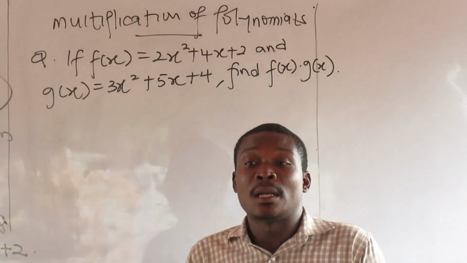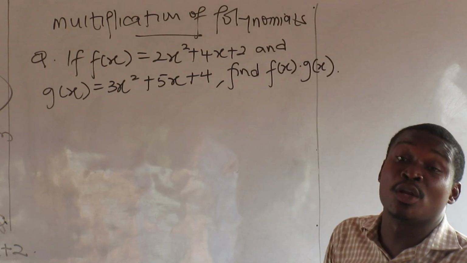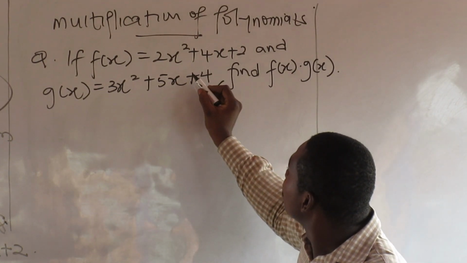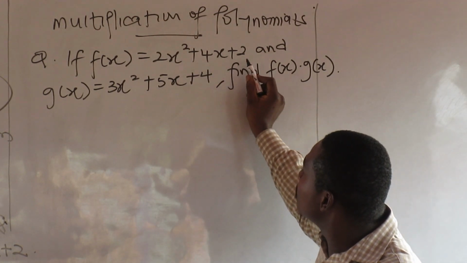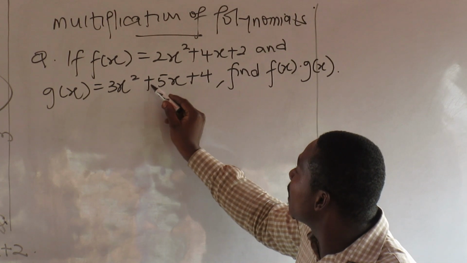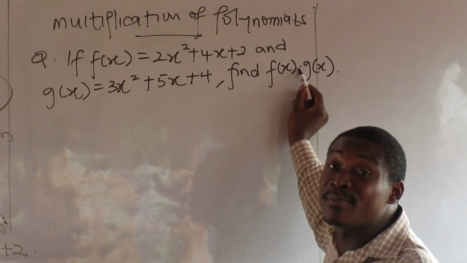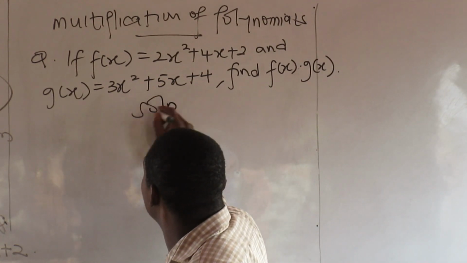Now let's go to what we call multiplication of polynomials. How do we multiply polynomials? Good. That is 2x squared plus 4x plus 2. 3x squared plus 5x plus 4. Find f of x dot g of x. This dot means multiplication, right? So solution to this problem here.